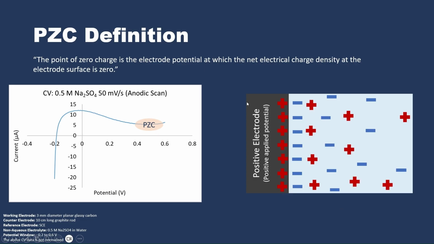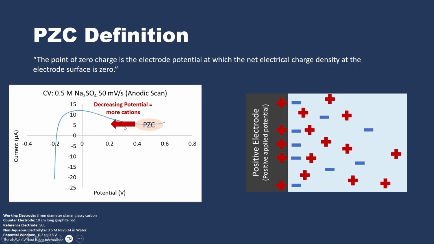So if we agree that this is what our electrode interface looks like at the point of zero charge, where most of these charges are pretty much paired off, we're obviously going to see different behavior either side of the point of zero charge where we apply different potentials to the electrode interface. So if we go to the left of the PZC, so we decrease the potential, we are going to see more cations on the interface.